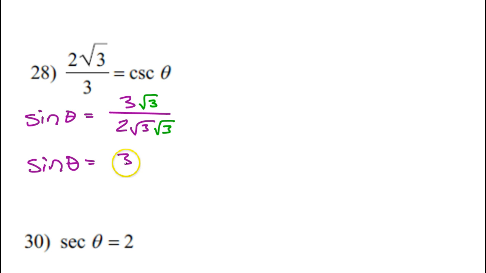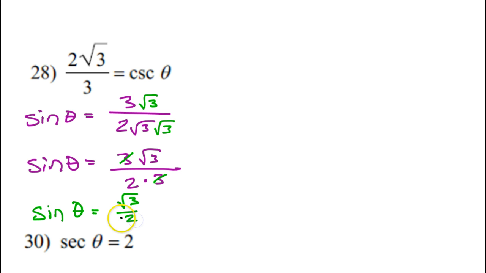Okay, so now I have 3 radical 3. Now down here I have 2. Now radical 3 times radical 3 is 3. Okay, now these two radical 3's are going to cancel each other out. So that leaves me with sine of theta is equal to radical 3 over 2.